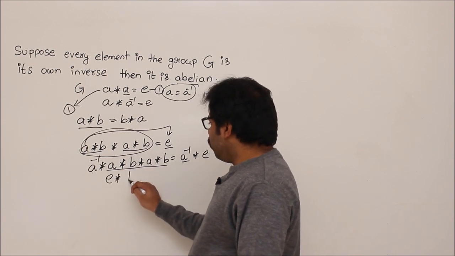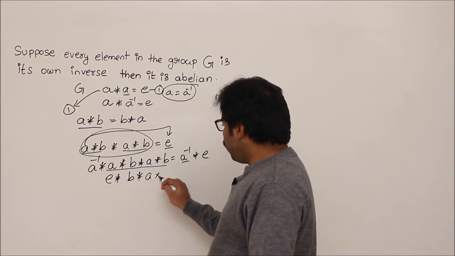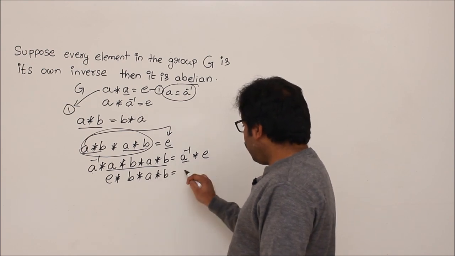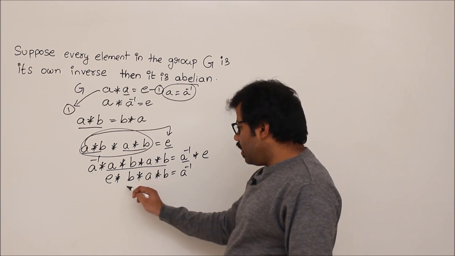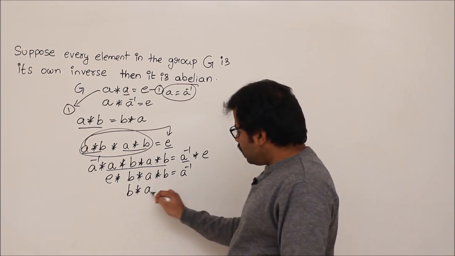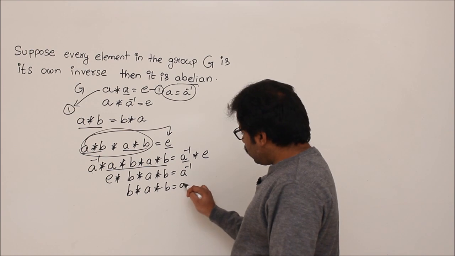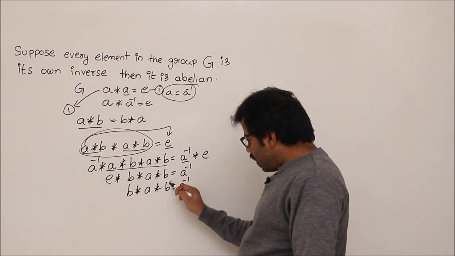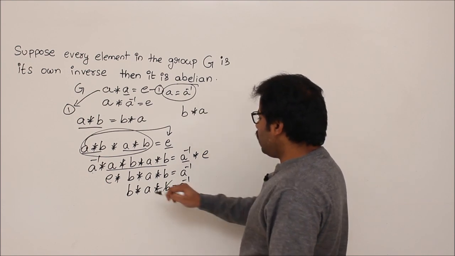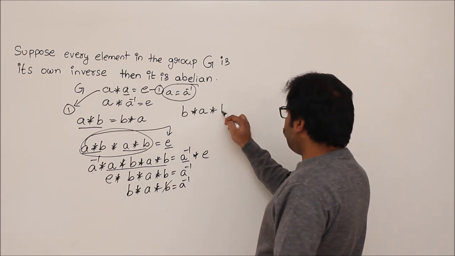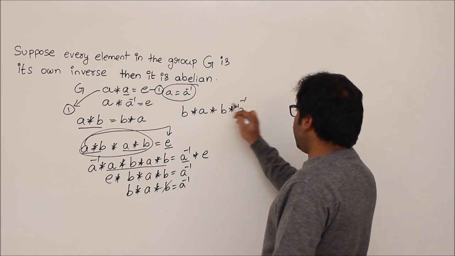E star B star A star B equals A inverse star E, which is A inverse. Now E star anything is that anything, right? So it would be B star A star B equals A inverse. This time I try to cancel this B. So B star A star B star B inverse, then B will be cancelled.